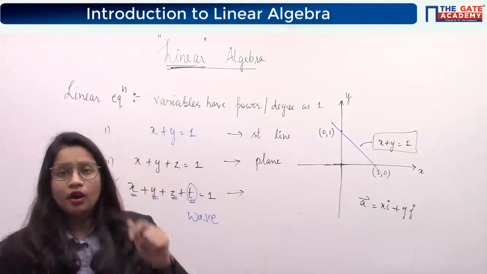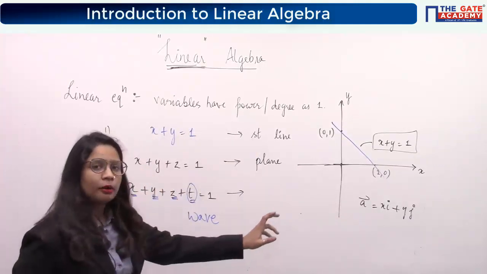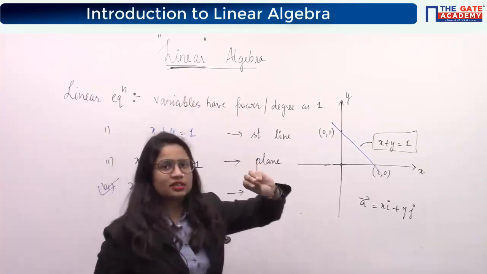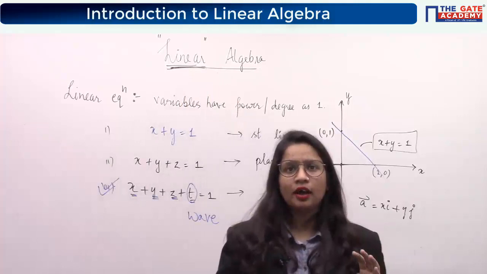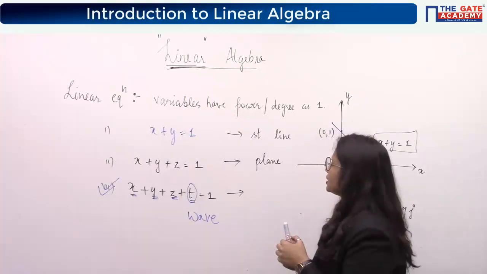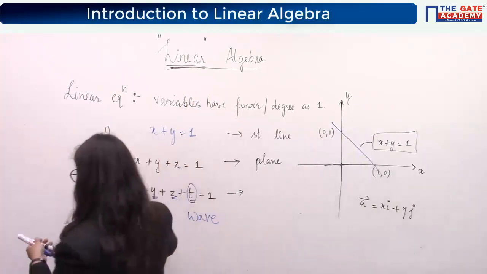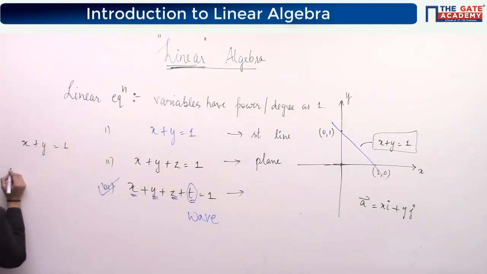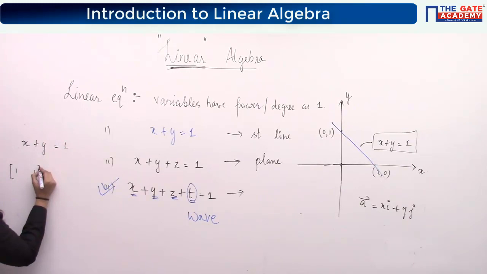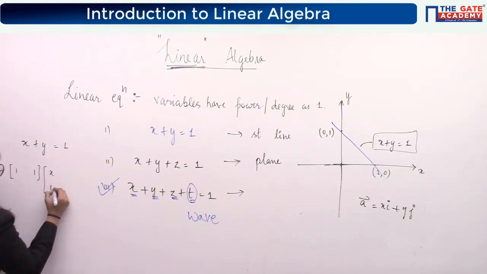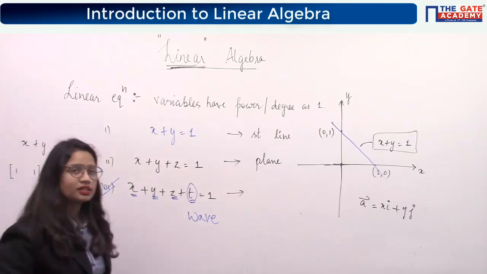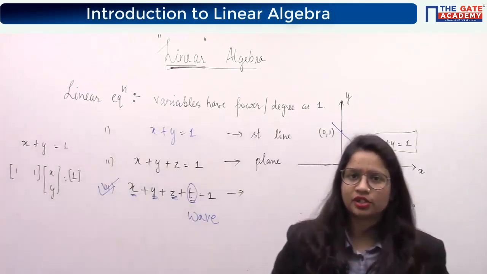Now, where do our matrices and determinants come into play? I have told you that this chapter is nothing but matrices and determinants, but how they are coming into play is that you have this equation x plus y equal to 1. If I write this equation as this, then this is the matrix format of your given equation.